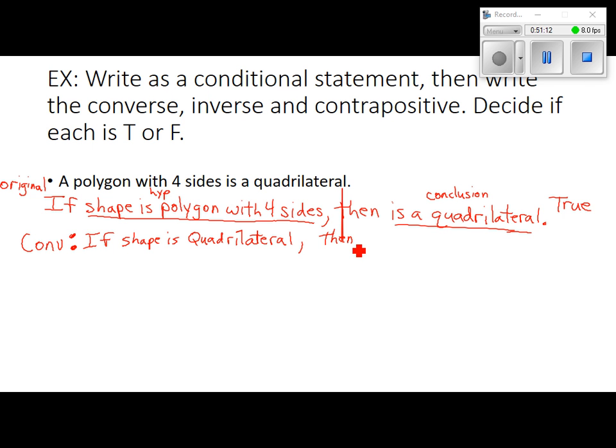Then it was a polygon with four sides. Then it's a four-sided polygon. Alright, so then it has four sides. Is that good enough? Close. So if a shape is a quadrilateral, then it's a polygon with four sides. I probably should have put polygon in there, but oh well. Is that true or false? That is true. Everybody agree with Michael on that, it's true? Yeah. So write true out there next to it.